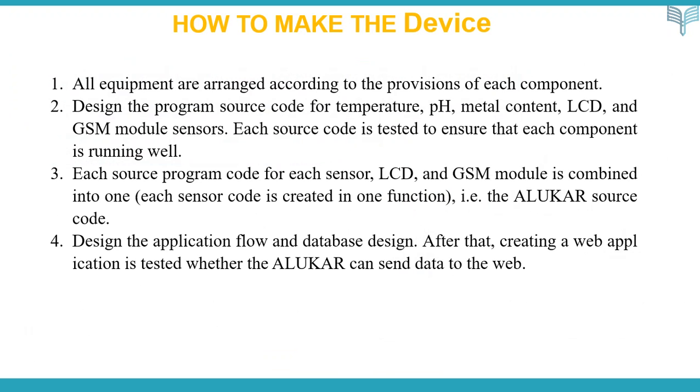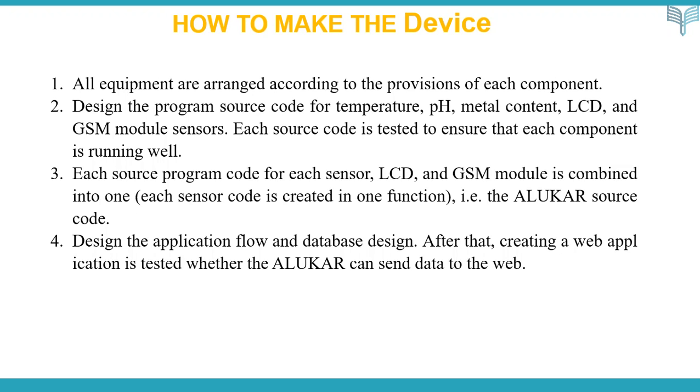On how to make the device. 1. All equipment is arranged according to the provisions of each component. 2. Design the program source code for temperature, pH, metal content, LCD and GSM module sensors. Each source code is tested to ensure that each component is running well. 3.